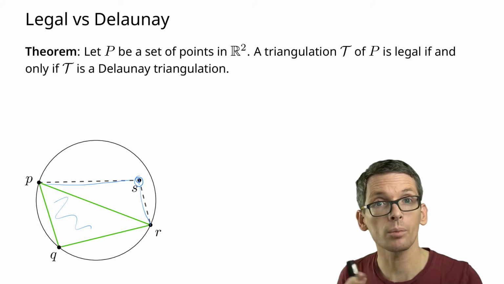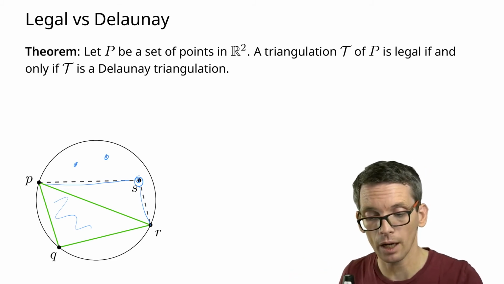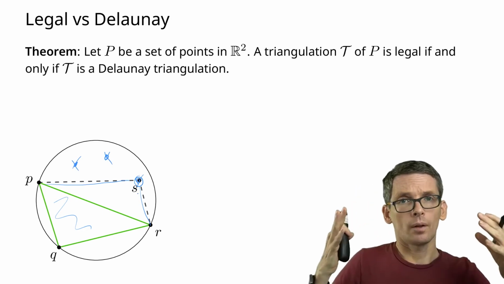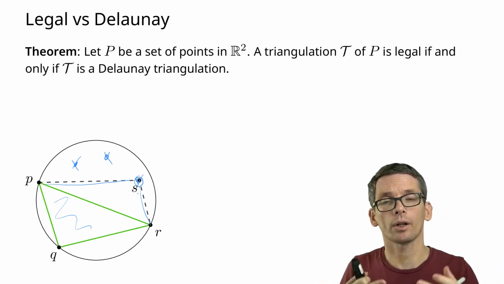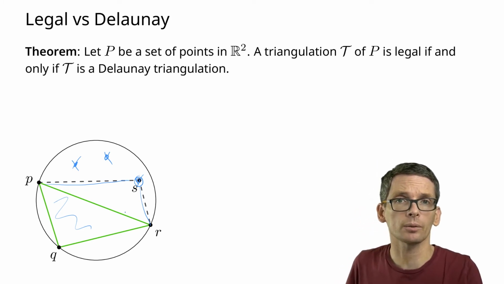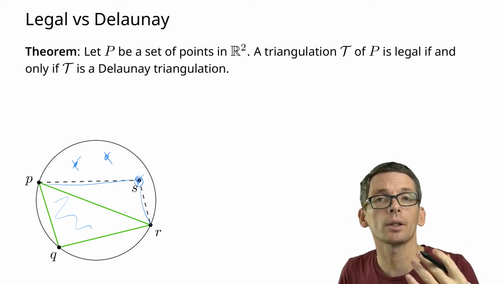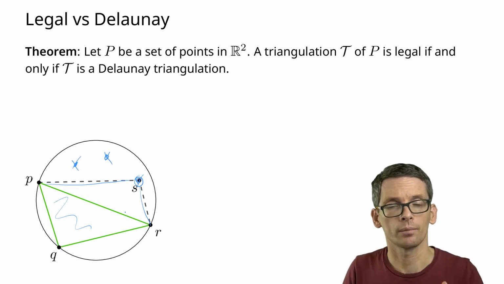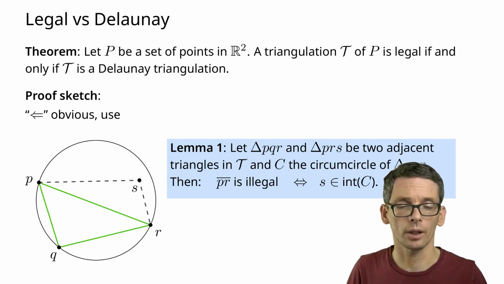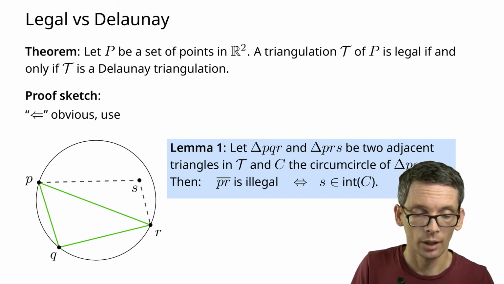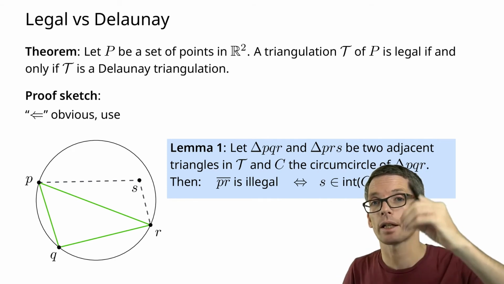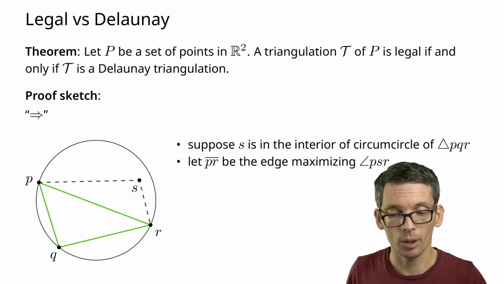Not only should this point not be here, but any other point shouldn't be either. So this is all forbidden for a Delaunay triangulation. For an edge to be Delaunay, meaning I should be able to find an empty circumcircle, is a stronger statement than being legal. That also means, in terms of the proof, one direction is straightforward. If a triangle is a Delaunay triangle, the circumcircle is empty, so the point S cannot be in that circumcircle. The other direction is a bit more work.